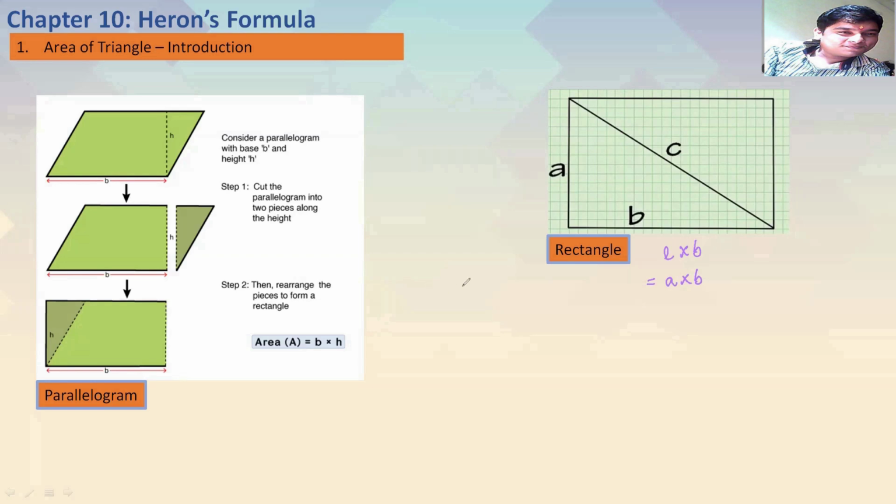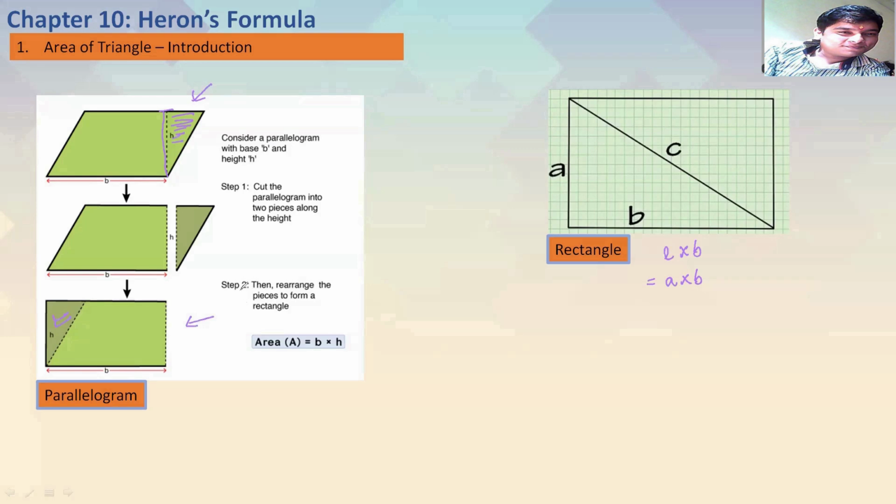Move to parallelogram. Parallelograms are a little tilted, right? So how can we make a rectangle out of it? You can do one thing. Draw a perpendicular from here to the opposite side and then cut out this triangle. Then put it on the other side. If you put it on the other side, it becomes a rectangle, right?